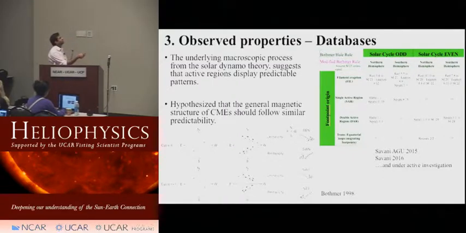In odd solar cycles, like the previous solar cycle, 23, in the northern hemisphere you'll have an active region leading with a positive polarity, and in the southern hemisphere something leading with a negative polarity. That's pretty consistent, and you'll see that with the butterfly diagram. The opposite happens with even solar cycles, like the one we're in now, solar cycle 24: in the northern hemisphere it'll be leading with a negative polarity.